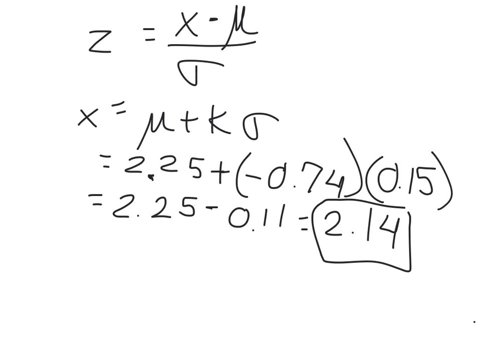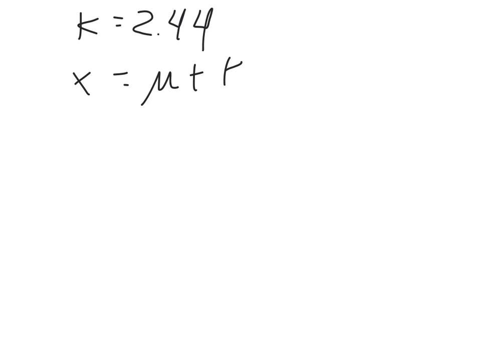Then for problem 2, we got our K's of 2.44. That's positive 2.44. And we have X is mu plus K times sigma.